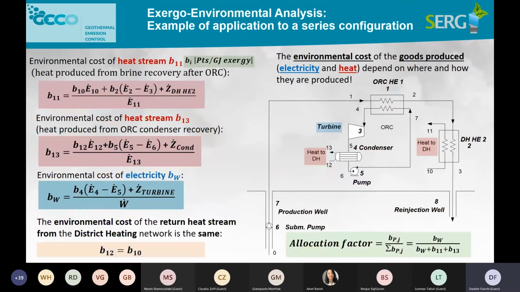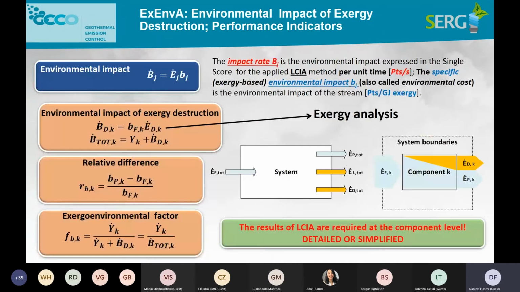This is a relatively simple example of application of Exergo-Environmental analysis to a geothermal resource feeding in series a CHP made of a cogenerative binary ORC and a district heating heat exchanger. The Exergo-Environmental impact of useful Exergy products, power, and the two sources of district heating are expressed here, following the previously introduced balances.